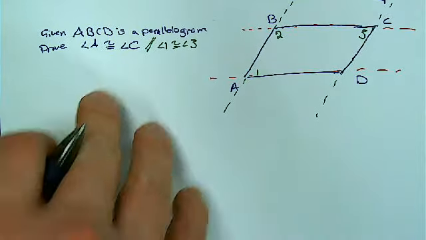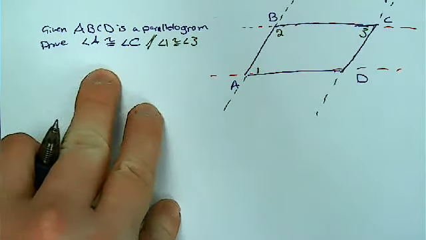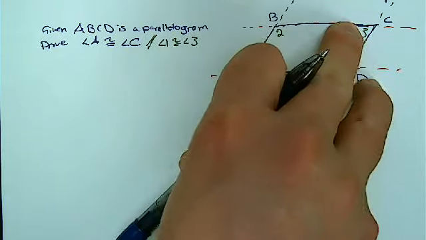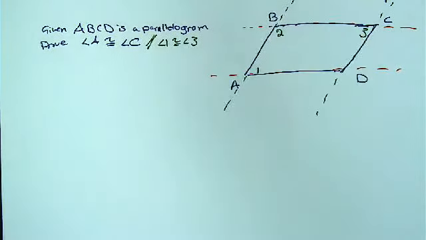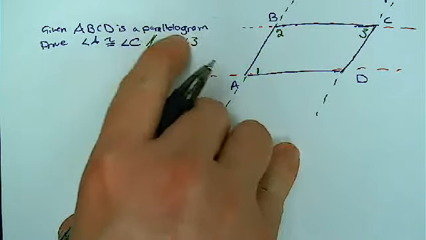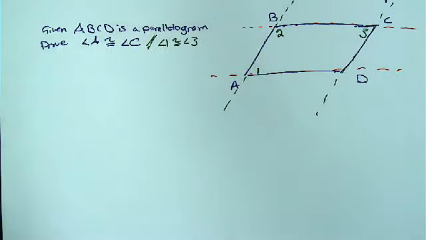Before I go ahead and write my 2-column proof out, what I'm going to do is make some marks on my diagram and brainstorm a bit. It says it's a parallelogram. Well, we're trying to prove a property. So let's push all the properties out of the way, not touch those, but we can at least use the definition. What is the definition of a parallelogram?